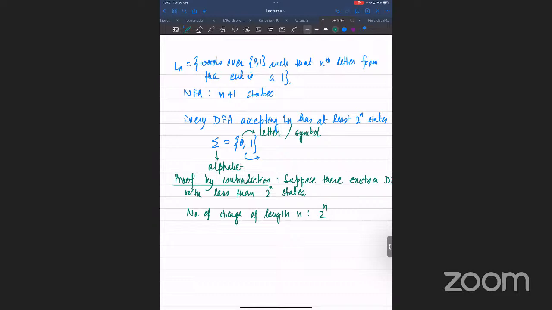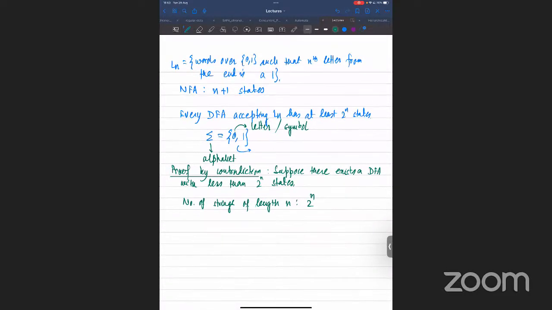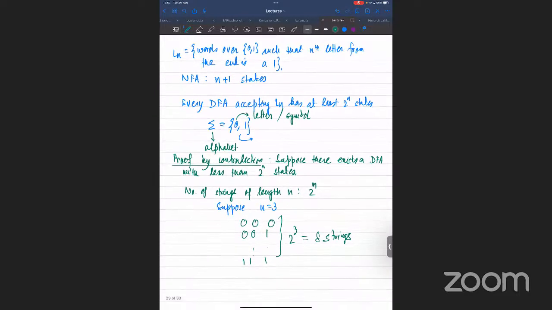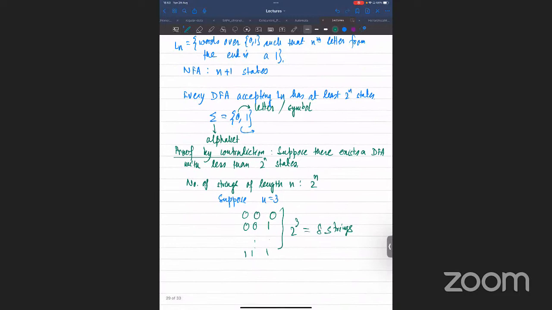For example, suppose n equals 3, then what do you have? 0 0 0, 0 0 1, and so on, up to 1 1 1. So there are 2 raised to 3, equal to 8, such strings. And then I'm saying that there exists a DFA with less than 2 raised to n states, for the sake of contradiction. Can you reach a contradiction now?